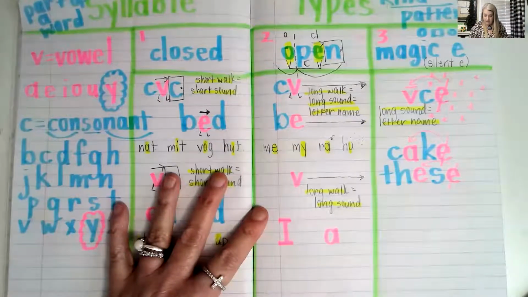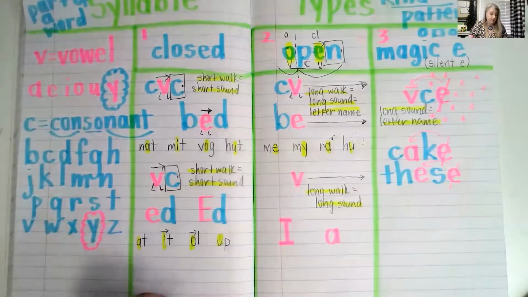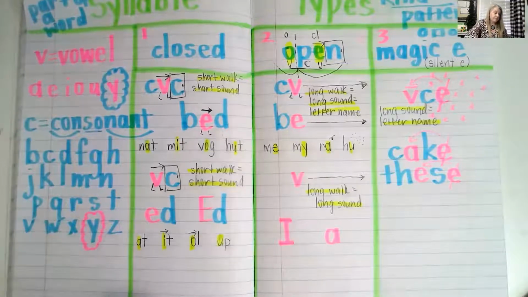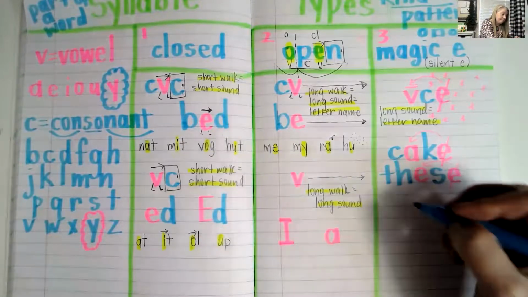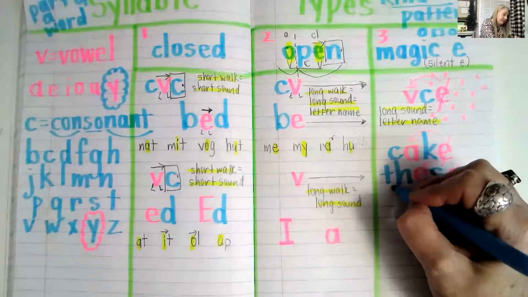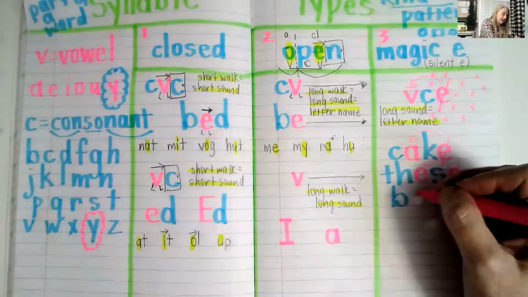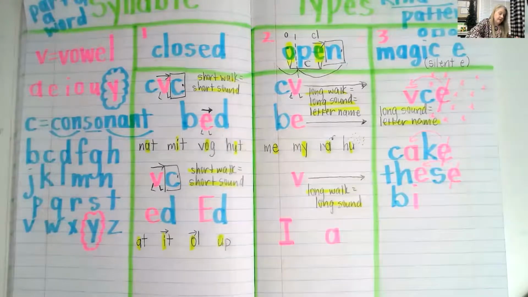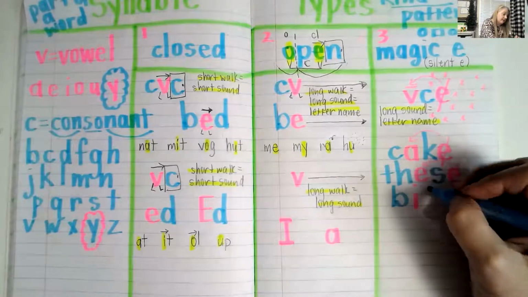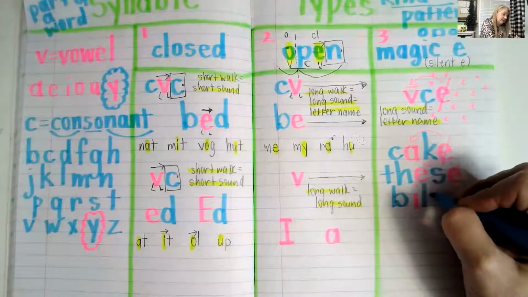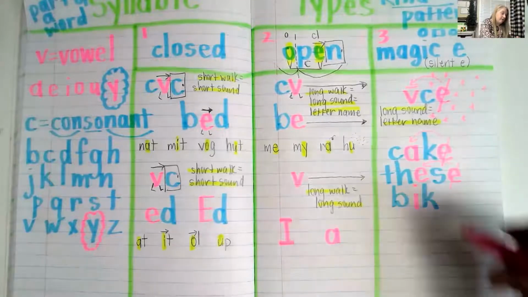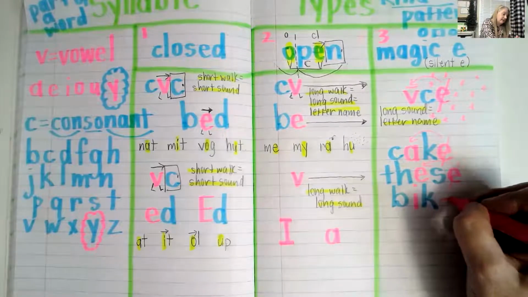Let's think of another one. So that was an A, E. What about an I? Oh, here's one. B. We go to the vowel, I. Another consonant, K. And then that vowel on the end. Okay.